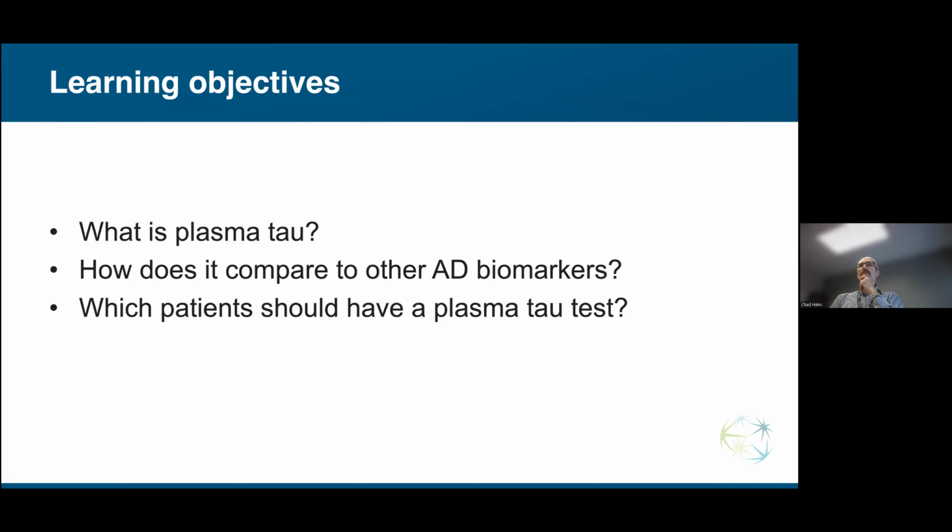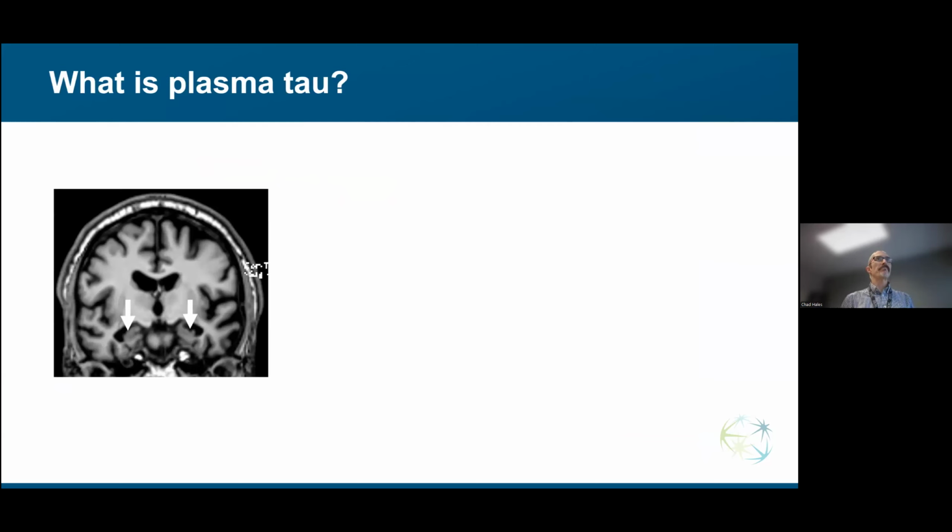How does it compare to other Alzheimer's disease biomarkers? I'll remind you of what we consider to be confirmatory biomarkers for Alzheimer's disease, and then put that in context with the plasma tau or the tau blood test. And then finally, we'll have a brief discussion about which patients should have this particular test or that you should consider doing this test on.